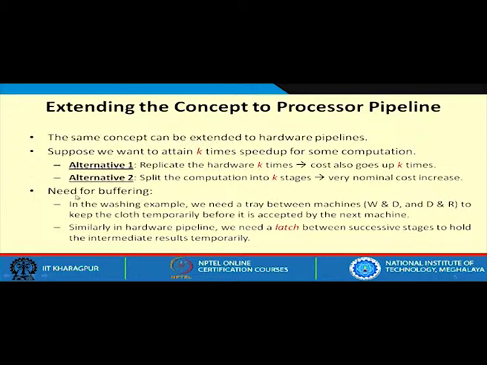The cloth will be temporarily stored in that buffer before it can be fed to the next machine, because it may so happen that when the first machine has finished with, let us say, the washing, the dryer is still working on the previous one, it is a little left. So, it is still not free. Only when it is free can the cloth be given to the dryer. So, I need some kind of a buffering mechanism in between the stages. Okay. So, this is what we talk about here, need for buffering.